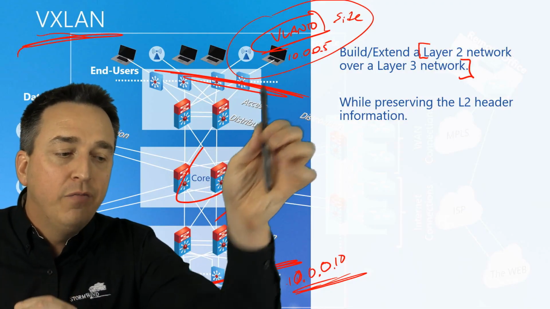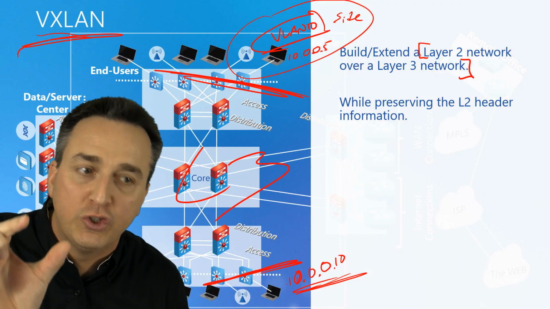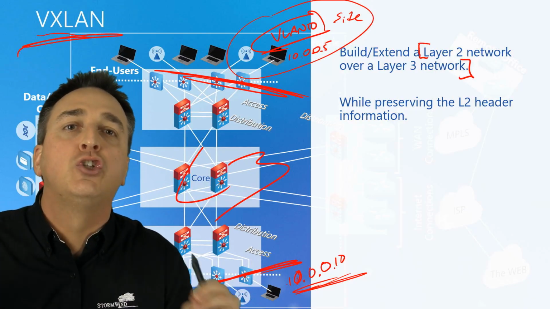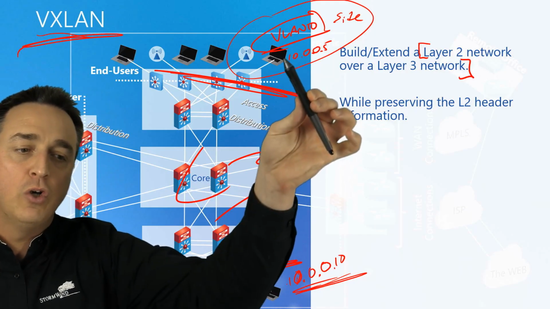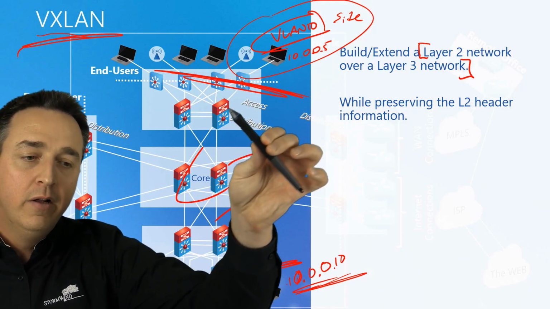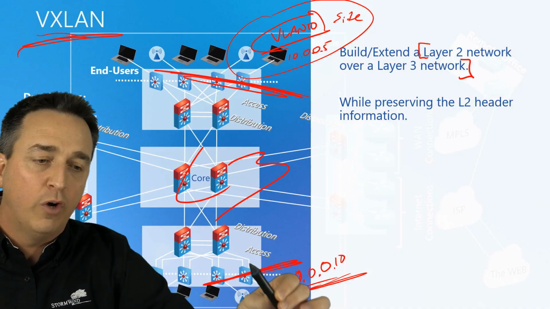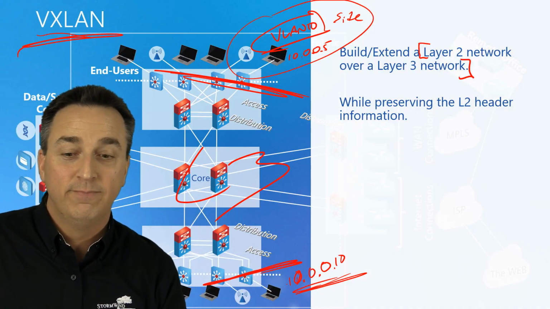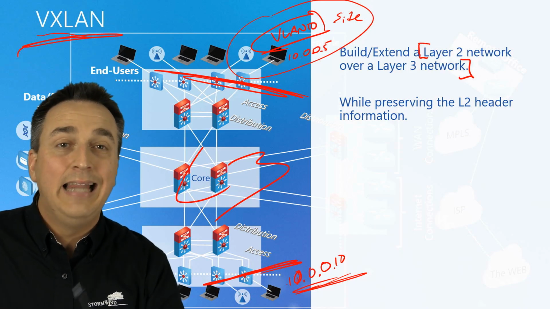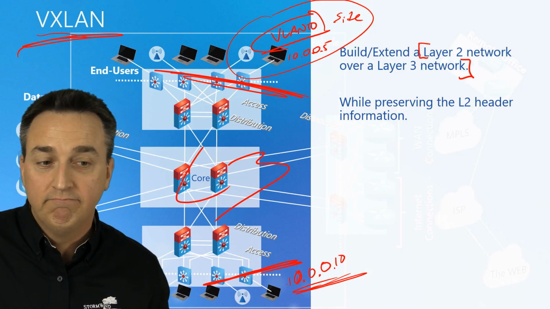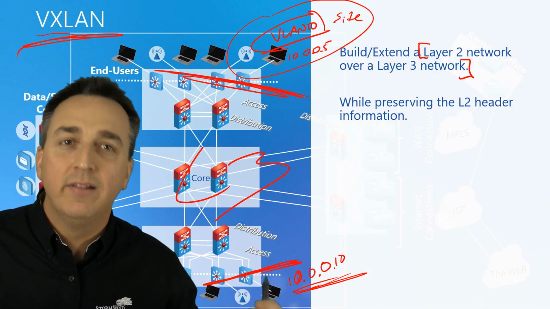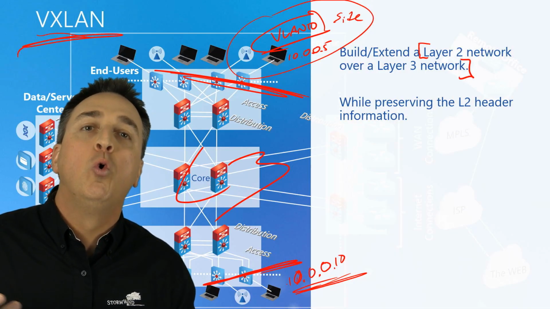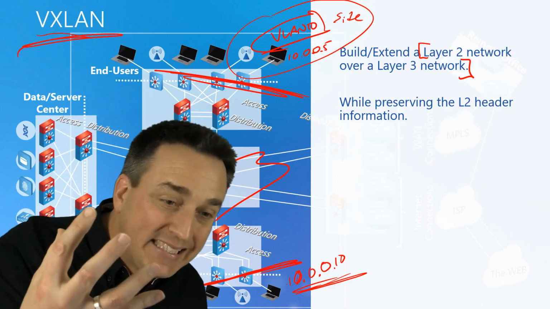With VXLAN, the PC's frame is preserved. With LISP, the PC's frame is destroyed. So if I can preserve the frame of the PC, then I could send that frame over to here and you would actually get the frame. So yeah, layer 2 anywhere. That's why this SD Access solution with TrustSec and all of that stuff works, because of this.